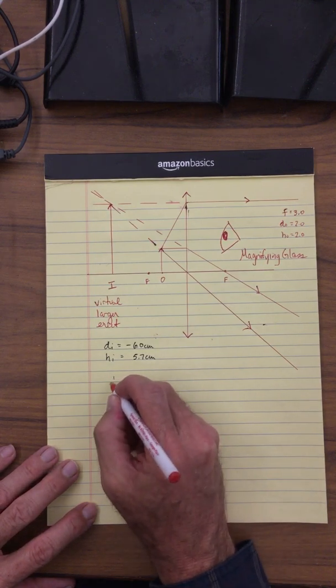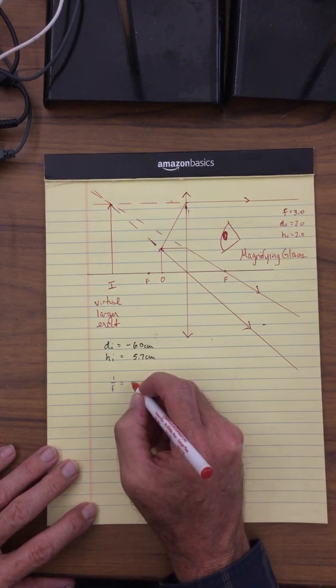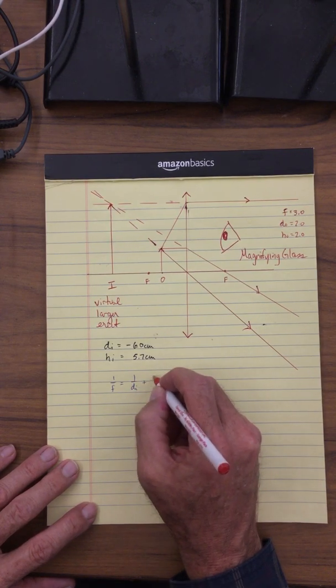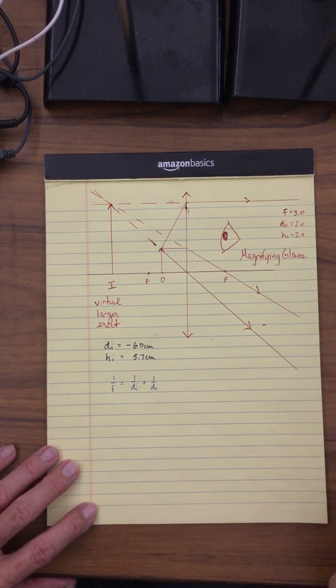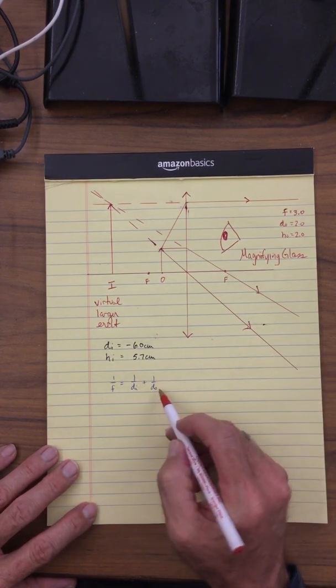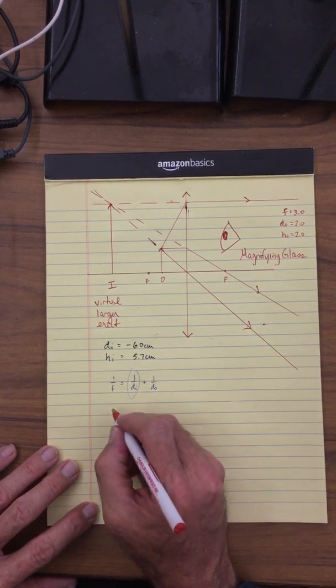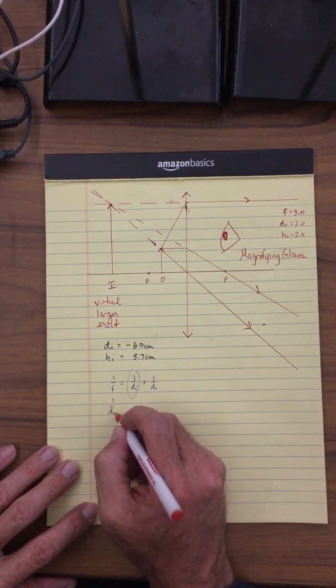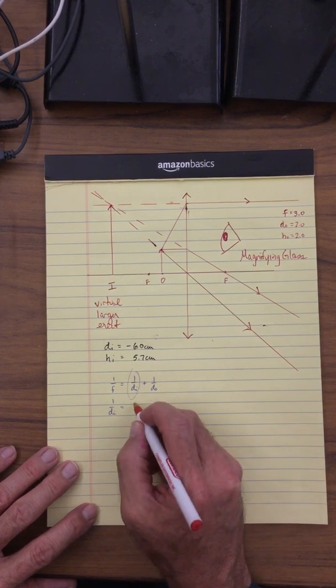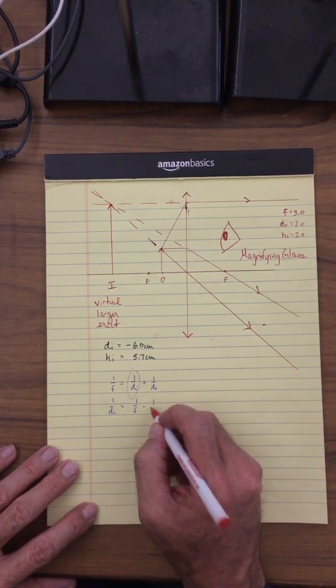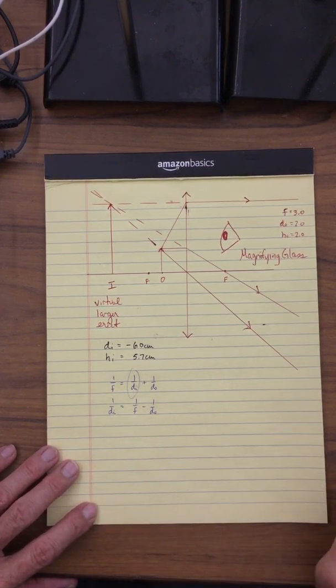Remember, the inverse of the focal length is equal to the inverse of the distance of the image plus the inverse of the distance of the object. We have the focal length and the distance of the object, that's our starting point. We're trying to calculate this. So the inverse of the distance of the image will equal the inverse of the focal length minus the inverse of this. Just rearranging.